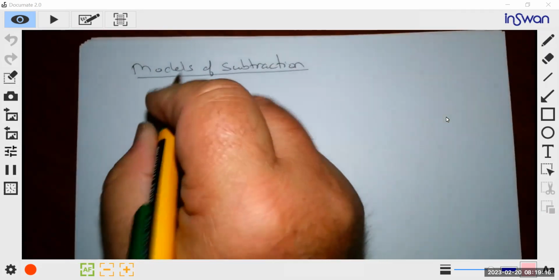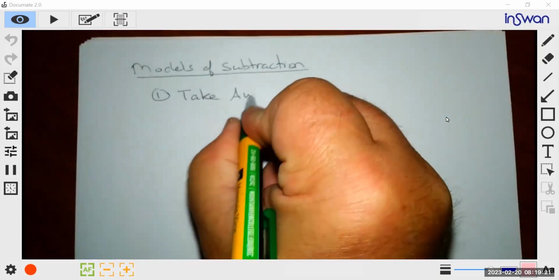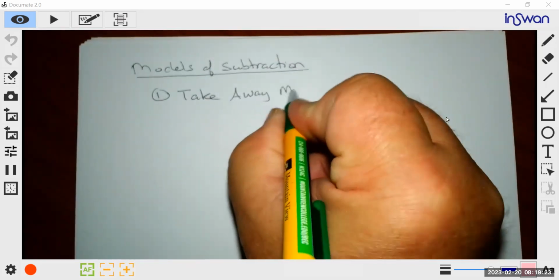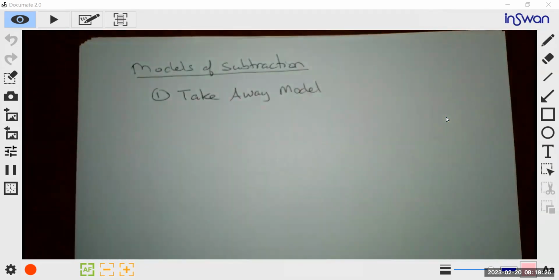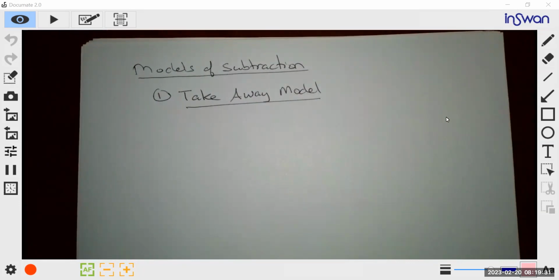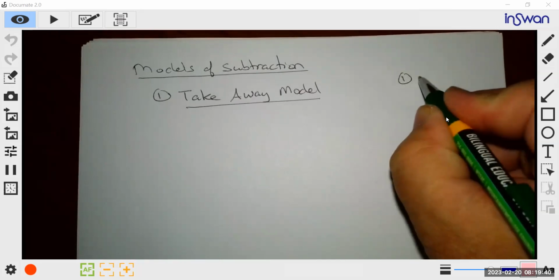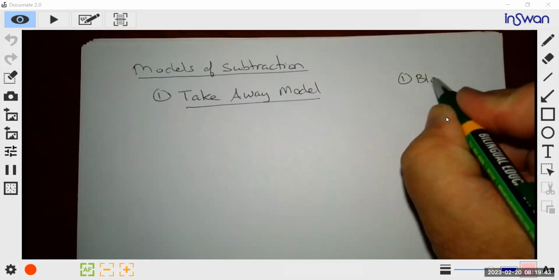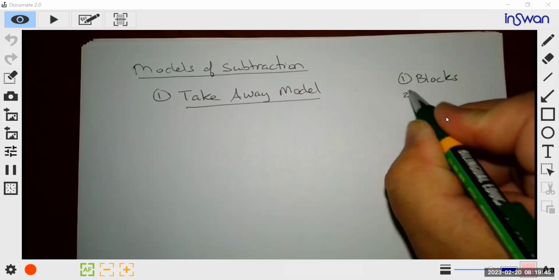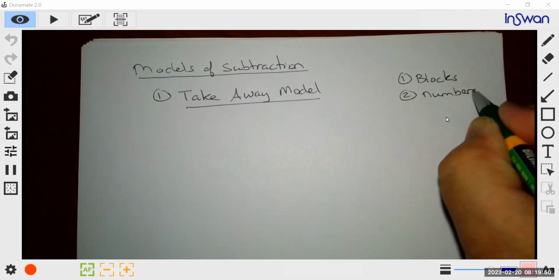The first model is called the takeaway model. And we're going to do a lot of these examples. Our examples are going to use blocks, manipulatives, and numbers.